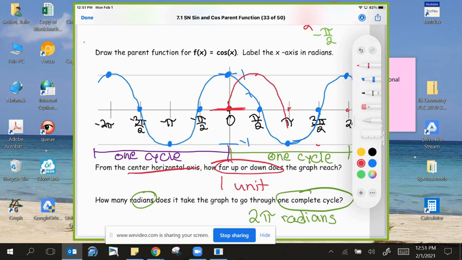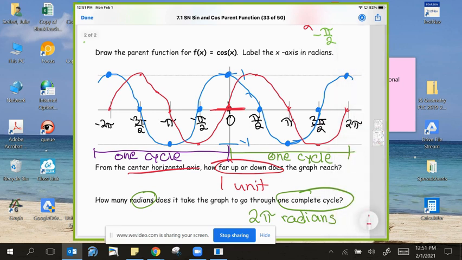So this red is the sine graph. Are these graphs similar? What do you notice? Do they have the same shape?